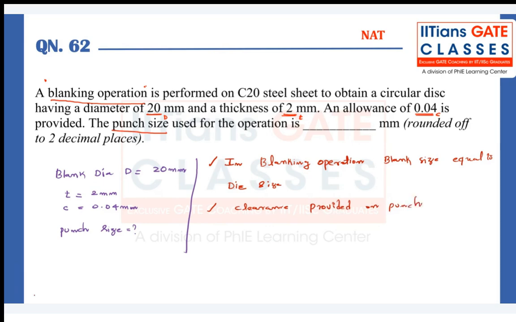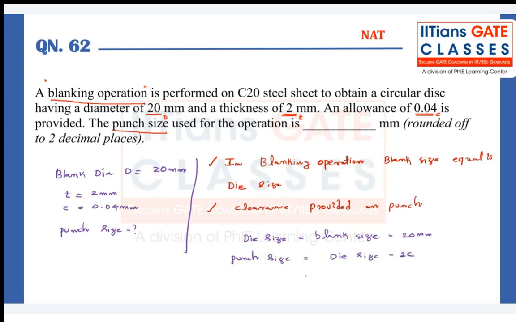Alright guys, now let's solve the question. How simple and easy it is. Die size is equal to blank size. So what is the blank size here? 20 mm. Now punch size is equal to die size minus 2c.